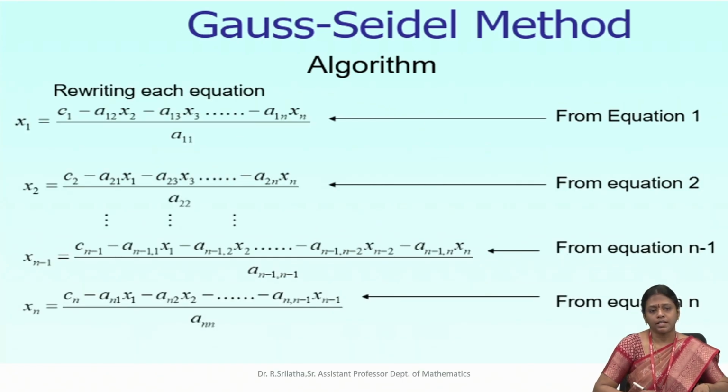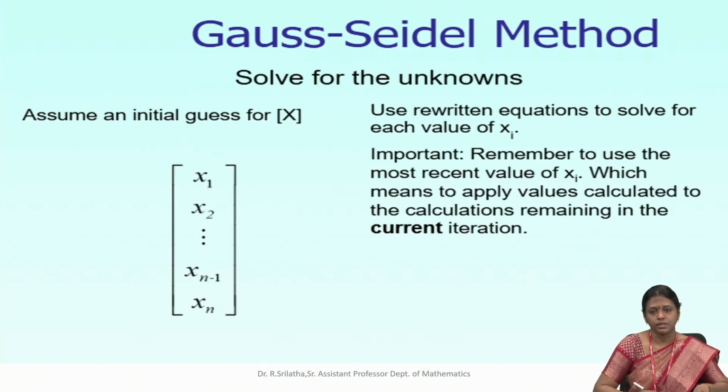Similarly we calculate x2 up to xn from the subsequent equations. Here we need to make some initial approximations, some initial guesses, and rewrite the equations for solving the unknowns x1, x2, x3 up to xn.